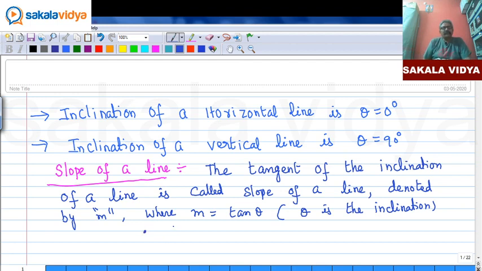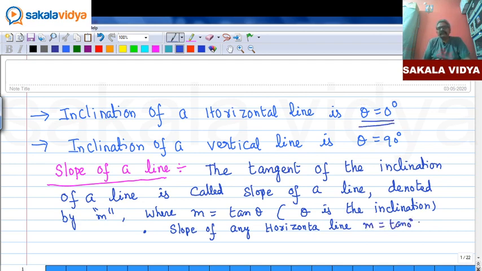For example, the slope of any horizontal line. What is the inclination of the horizontal line? Theta is equal to 0 degrees. So, m is equal to tan 0 degrees, that is equal to 0. Now, slope of any vertical line: the angle of inclination is 90 degrees.